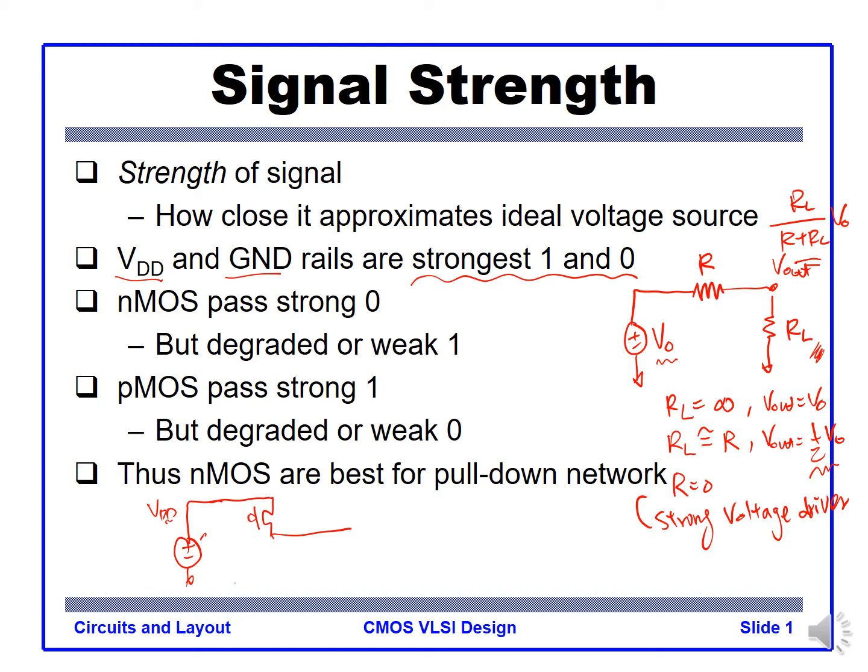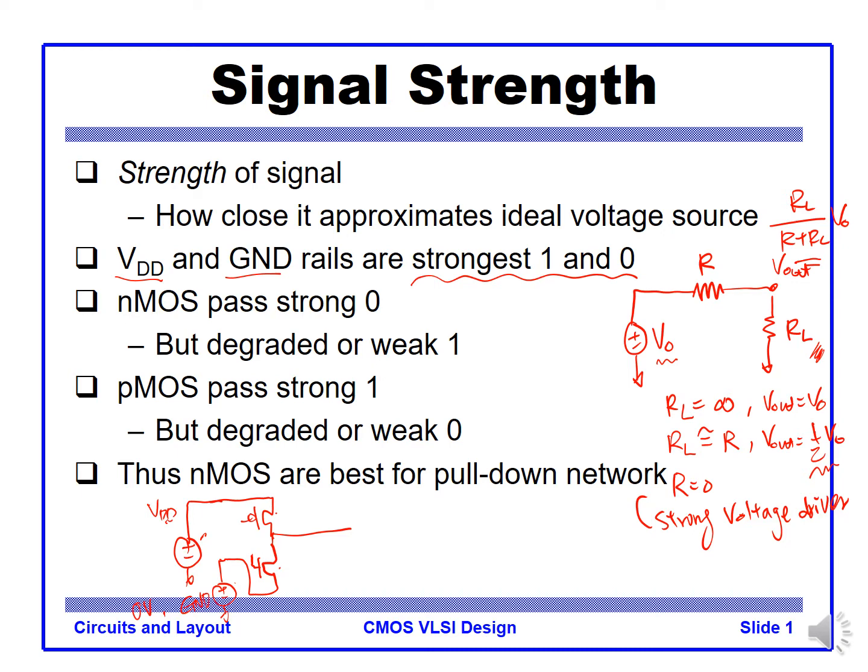We also have a ground voltage, GND, 0 volt, that is passed through the NMOS switch. Depending on the resistance of each transistor, signal strength is determined.